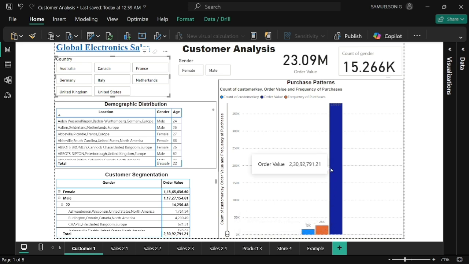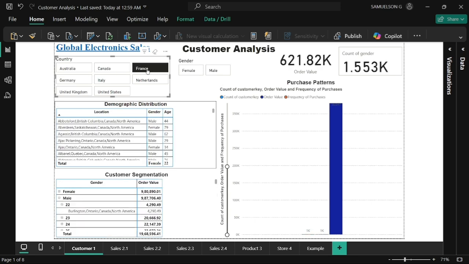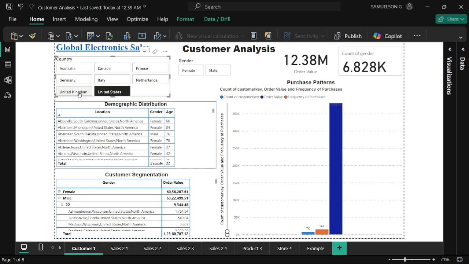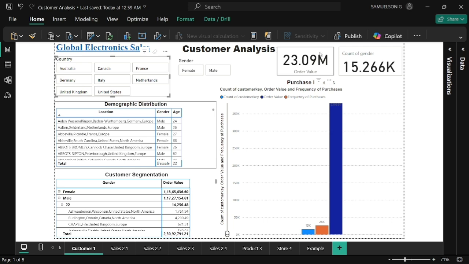And here you can see order value for each country. Frequency of purchases. Okay, we have seen this one.